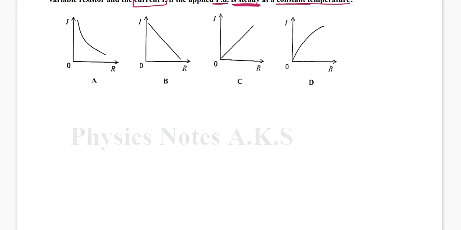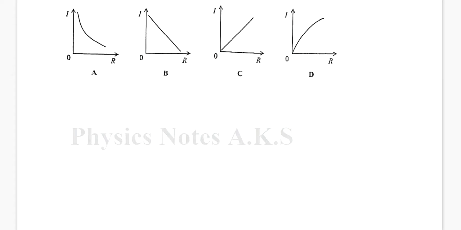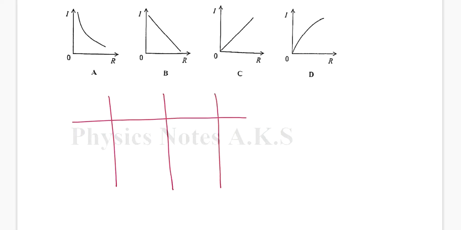Here, depending on Ohm's law, I can do this table. I want you to pay attention to this table, please. It gives the relation between the potential difference, the resistance, and the current, at a constant temperature.